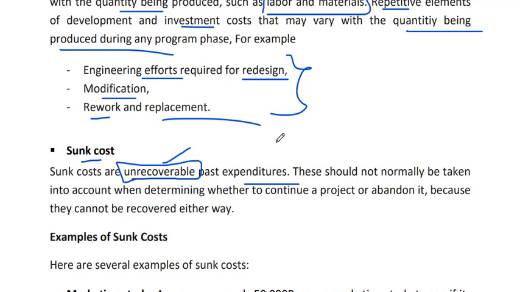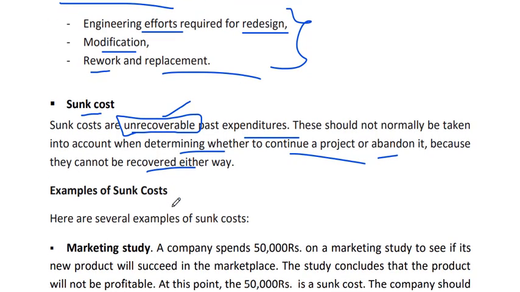This should not normally be taken into account when determining whether to continue a project or abandon it, because it cannot be recovered either way. Whether we continue the project or not, that cost cannot be recovered.